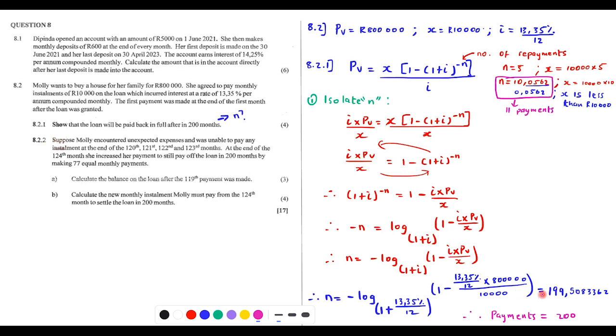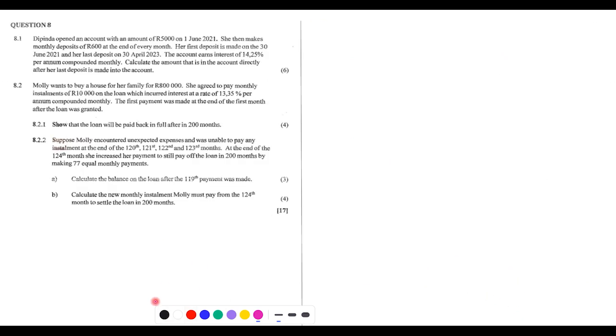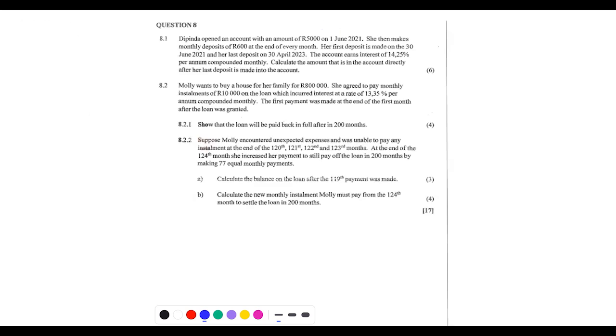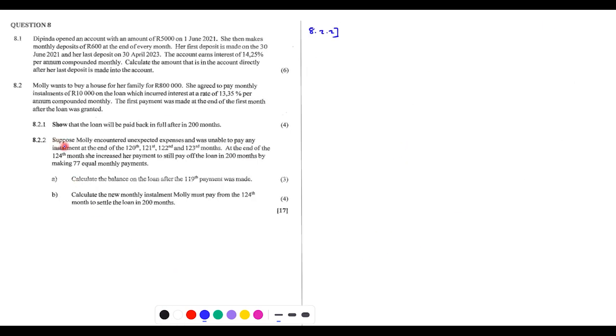All right, now let's go ahead and look into the second one. The second one is 8.2.2. It says, now suppose Molly encountered unexpected expenses and was unable to pay any installment at the end of the 120th, 121st, 122nd and 123rd months. So she missed 4 payments.